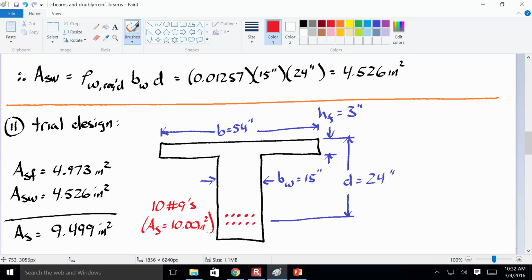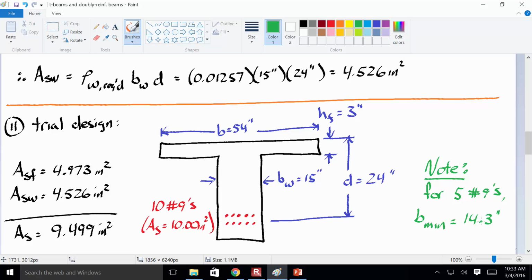If you're curious about this, I'm going to put a note here on the side. To get 10 number 9s to work, the web is only 15 inches wide.